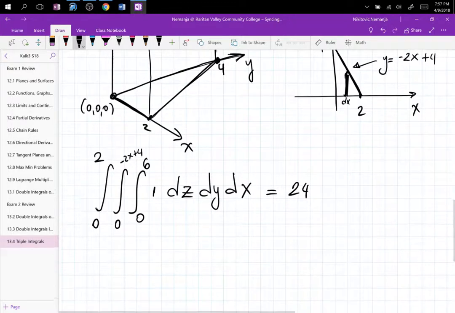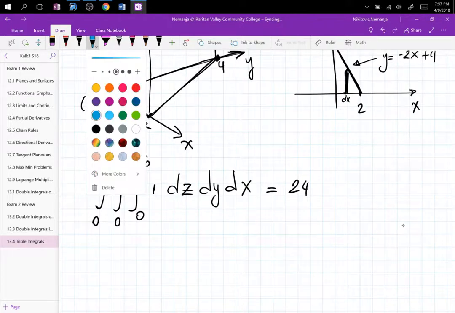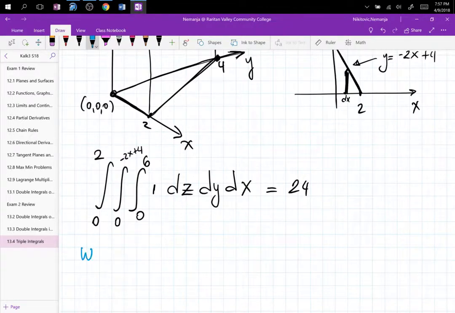Now, what I want to do is same problem in blue. Way 2, I am going to draw the same domain, but now I'm going to put dy.